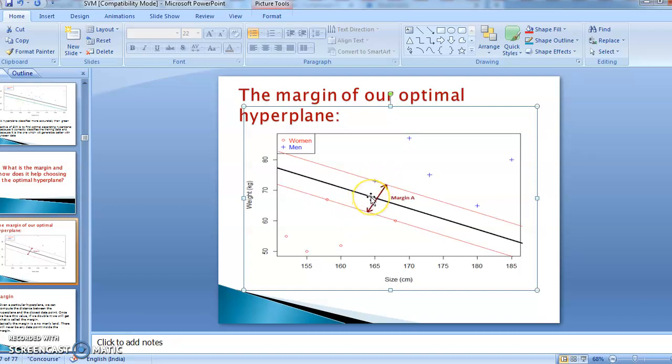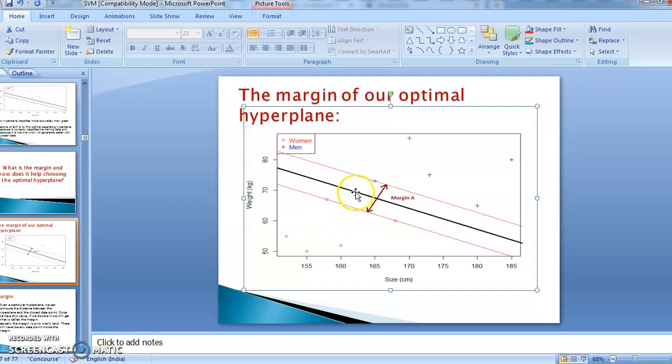You can clearly see that there are no data points between the margin line and the hyperplane. If we have a larger margin, then it is easier to identify the class.